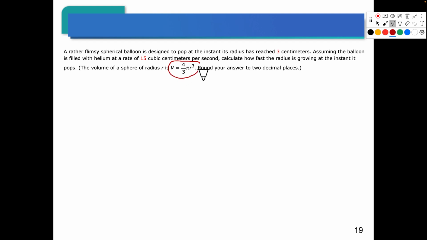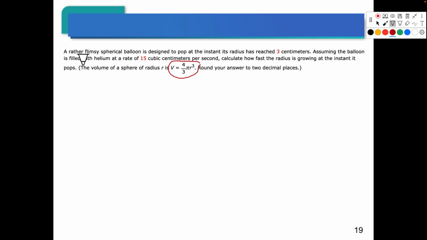If they have a question on the exam with the volume of a sphere, they will give you the formula as well, so you don't have to try to memorize this particular one. But you do need to know area of a circle is pi r squared. You would need to know the Pythagorean theorem, so we'll practice those.